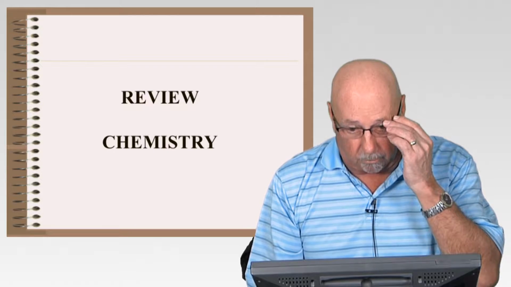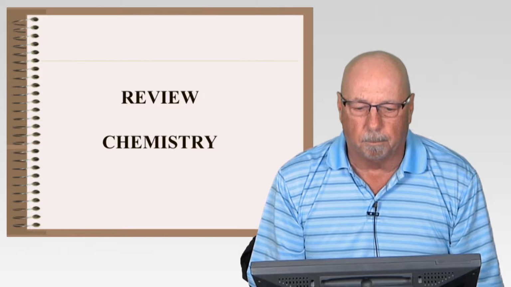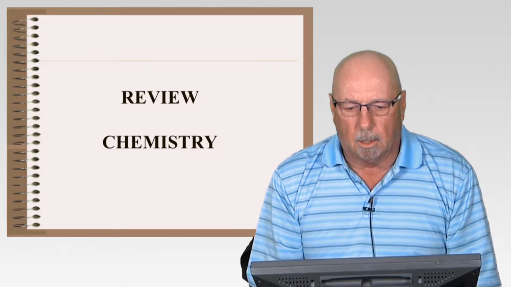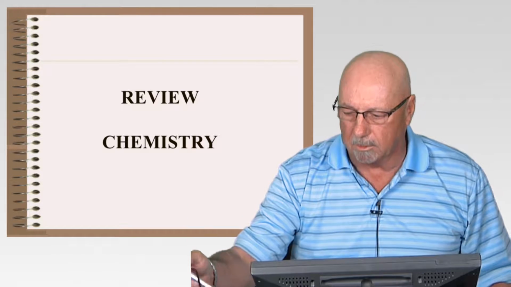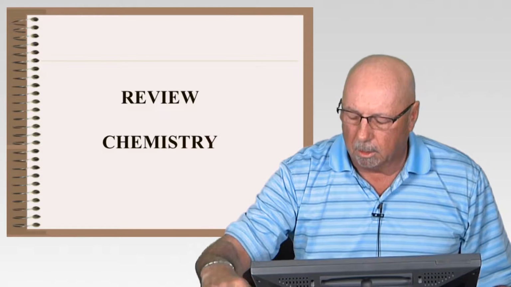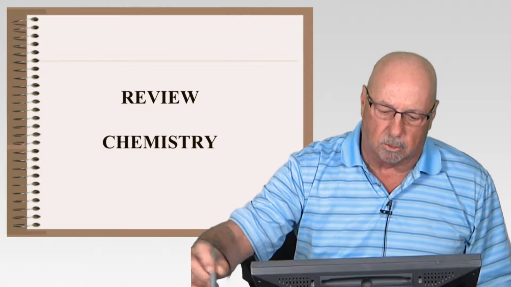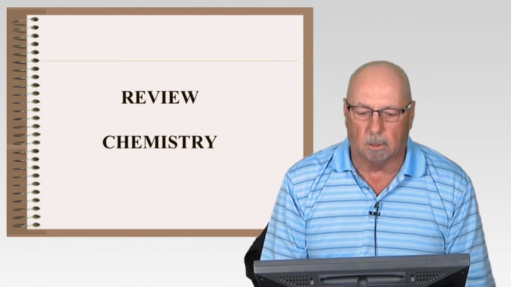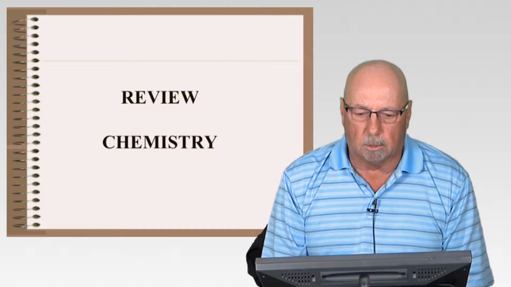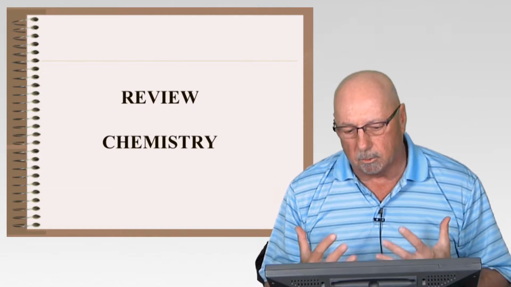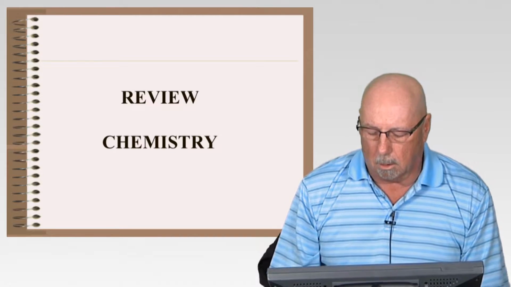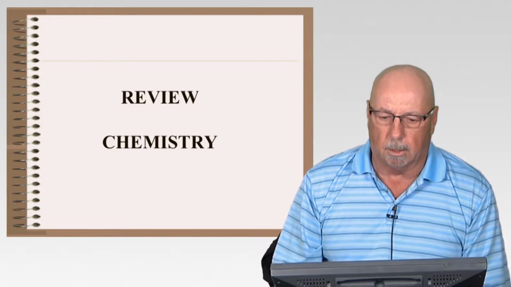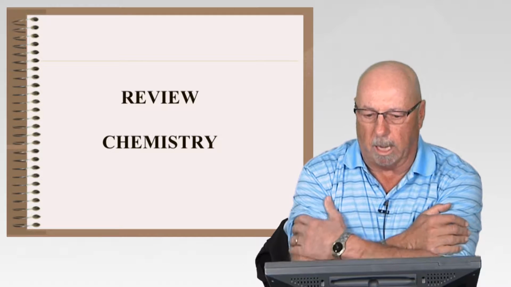This session, what we're going to do is briefly review chemistry. This is just to make sure that, while it may have been some time since your last chemistry class, all of you have a fundamental understanding, because the chemistry we're going to discuss is what you'll be using in the next 2 or 3 lectures when we get into industrial hygiene chemistry, answering questions regarding various IH formulas and situations where we'll need to do calculations.